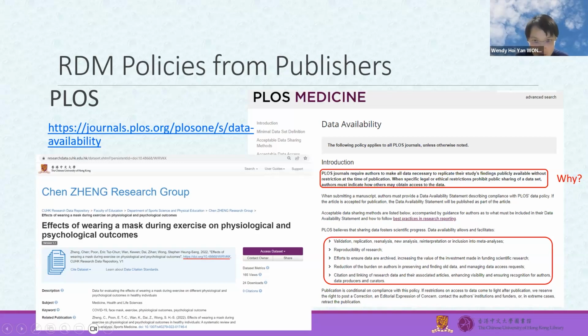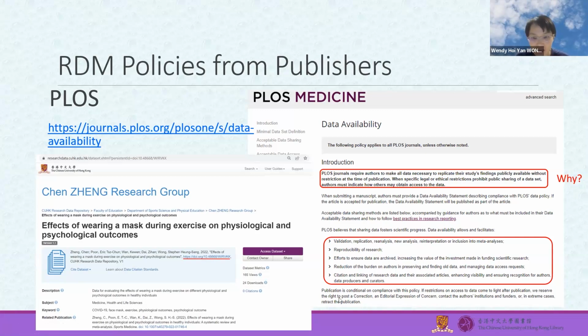It also ensures data are archived and reduces the burden of preserving your research data. Because if you share and manage your data well and deposit it in a research data repository, it lessens your burden of keeping the data. After 10 years, you can still download the data sets from the repository where you deposited them.